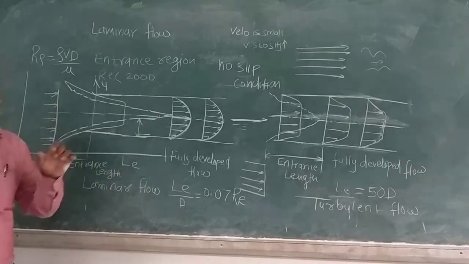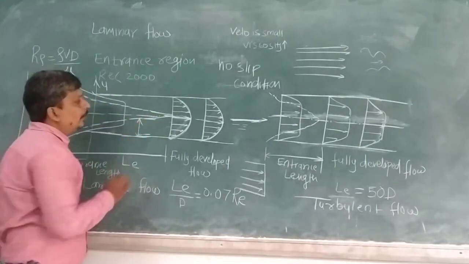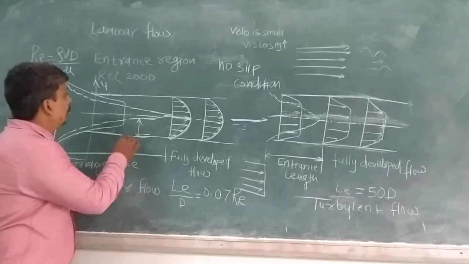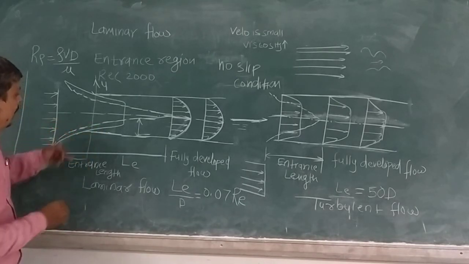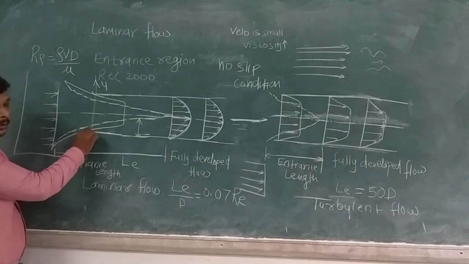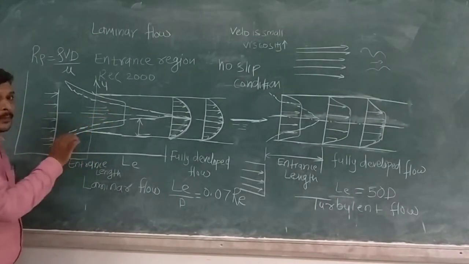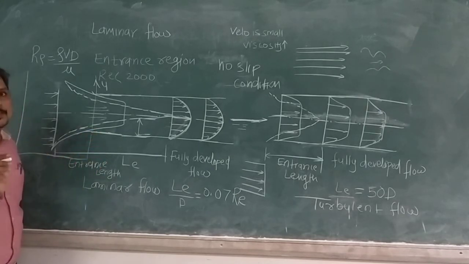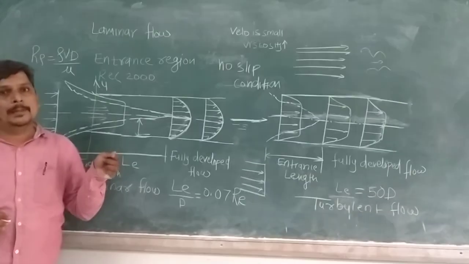So boundary layer means in that region there is a variation in the velocity present, and this boundary layer, shown by the dotted line, will be smaller in thickness. Here most of the fluid is going with a uniform velocity, but the fluid nearer to the wall will come to rest, and we know there is a viscosity of the fluid.